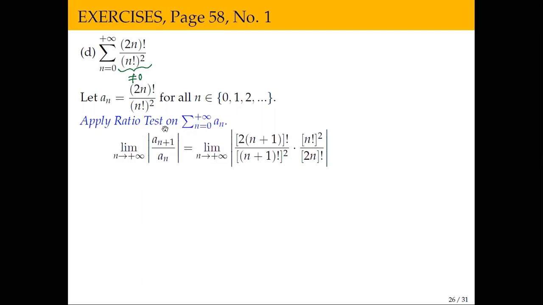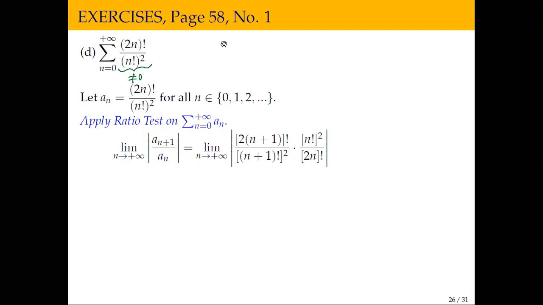However, if this limit turned out to be equal to 1, then the ratio test is inconclusive. Now, replacing values for a sub n plus 1 and a sub n, we get the following. So this is your a sub n plus 1, this is your reciprocal of a sub n.